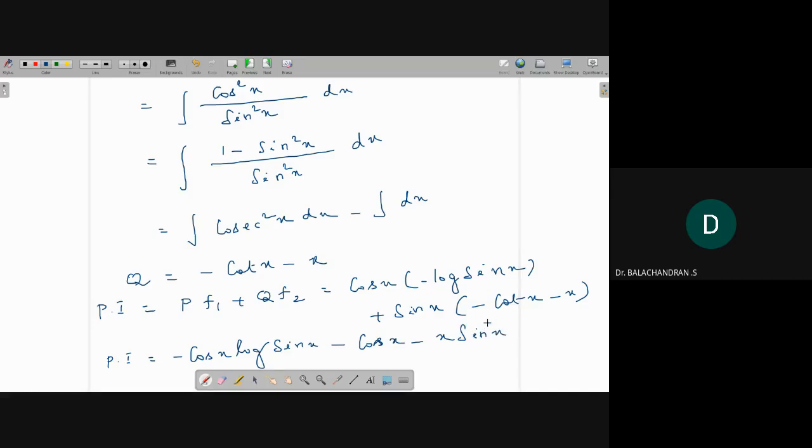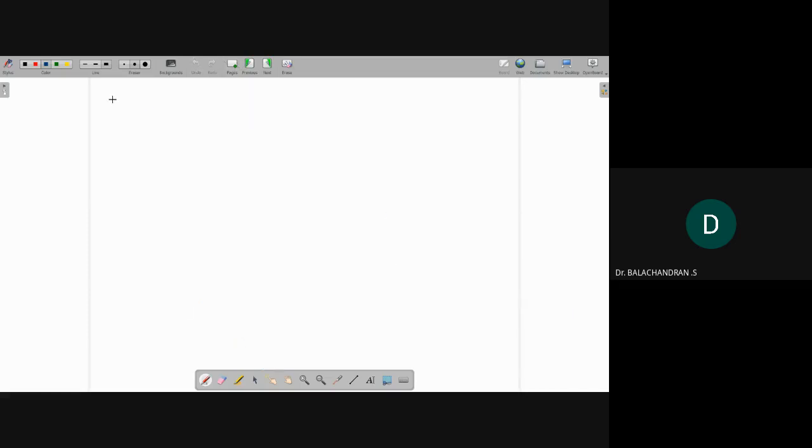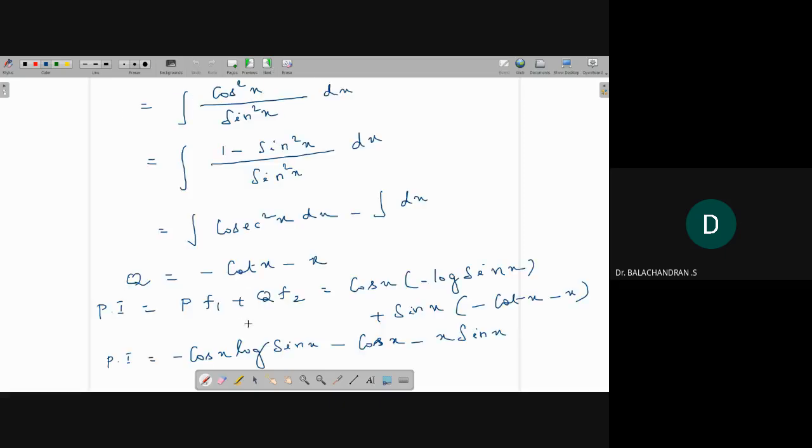So now finally write the general solution y. The general solution y is CF plus PI. CF is, please check it, C1 cos x plus C2 into sin x, and then PI. I think you can combine these two.